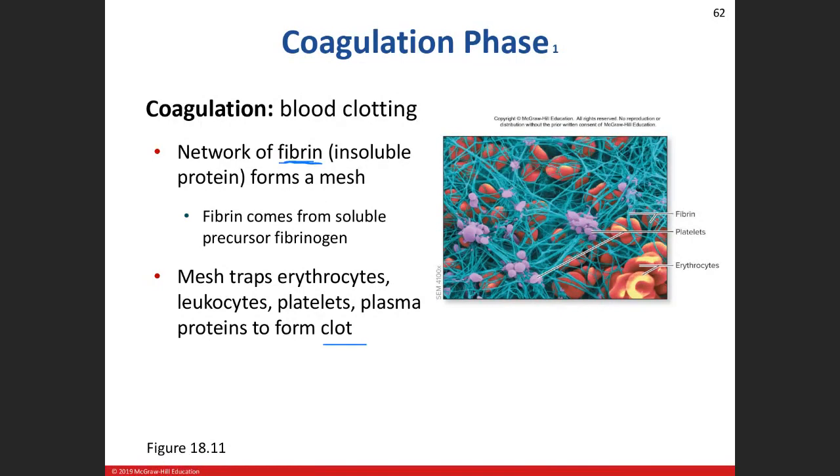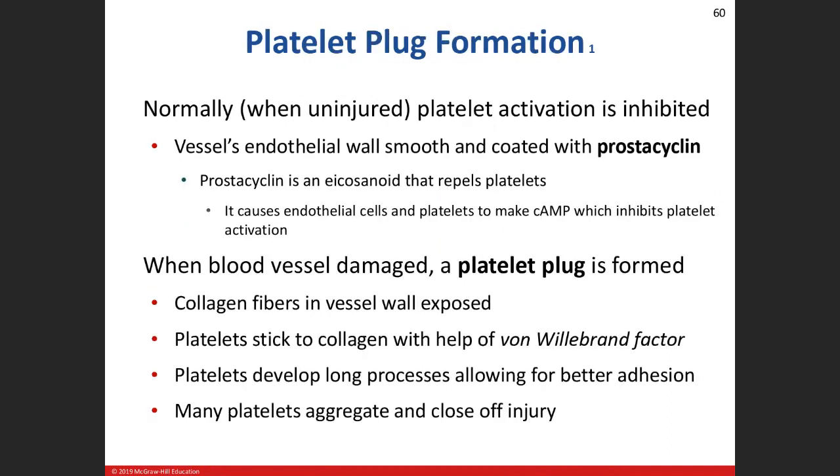Yes, ma'am. I got a little confused. Can you explain how the platelet activation is inhibited and then not activated again? Okay. So platelet activation is inhibited because in a normal scenario where there's no damage whatsoever, the endothelial cells, the blood vessel cells, make prostacyclin. So it keeps the inner lining of our blood vessels nice and smooth, and it literally will repel platelets.